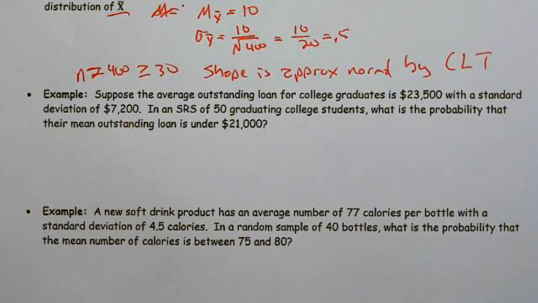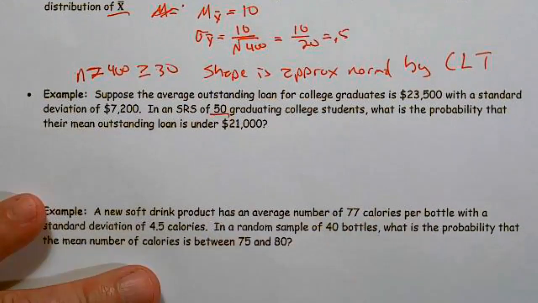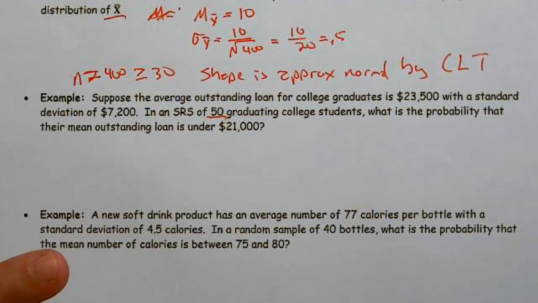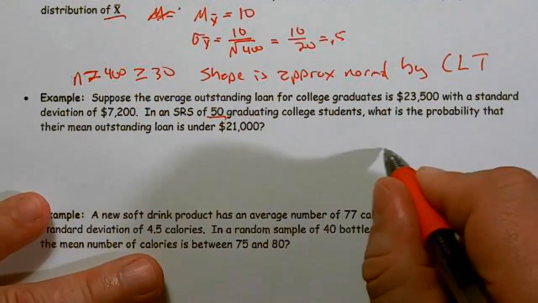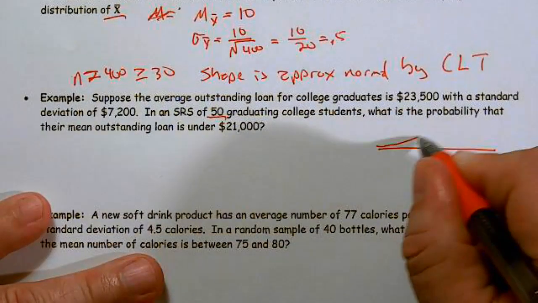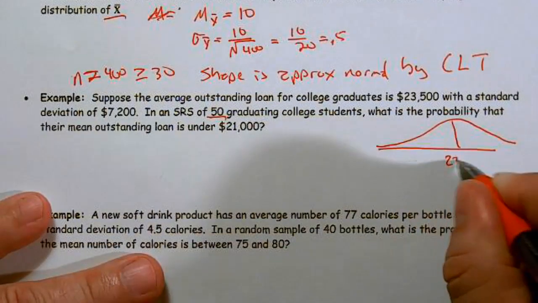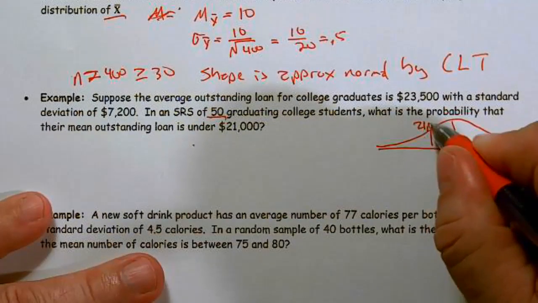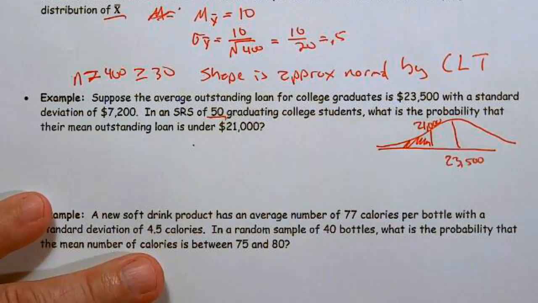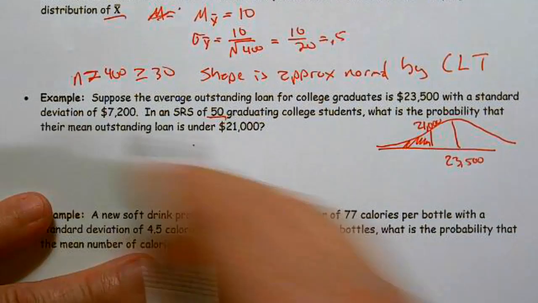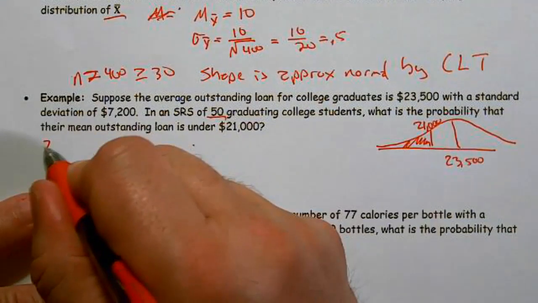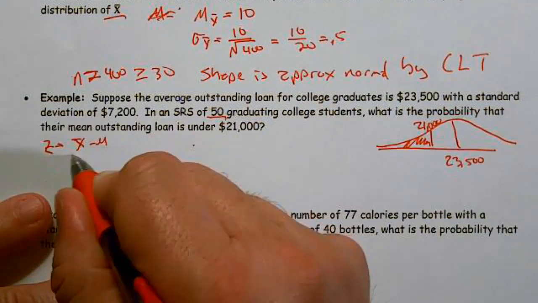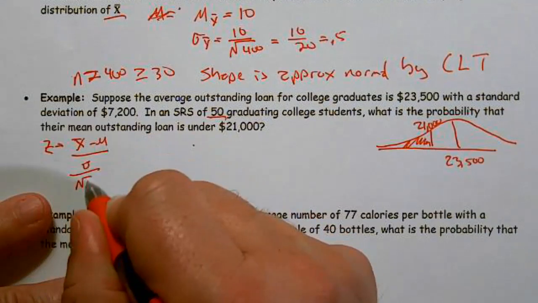Suppose the average outstanding loan for college is 23,500 with a standard deviation of 7,200 and a simple random sample of 50 college graduates. What's the probability their mean outstanding loan is under 21,000? So here's what we have: 23,500, 21,000. And I know I'm going to be using z equals x bar minus mu over sigma divided by the square root of n, and you're like, how do you know that?